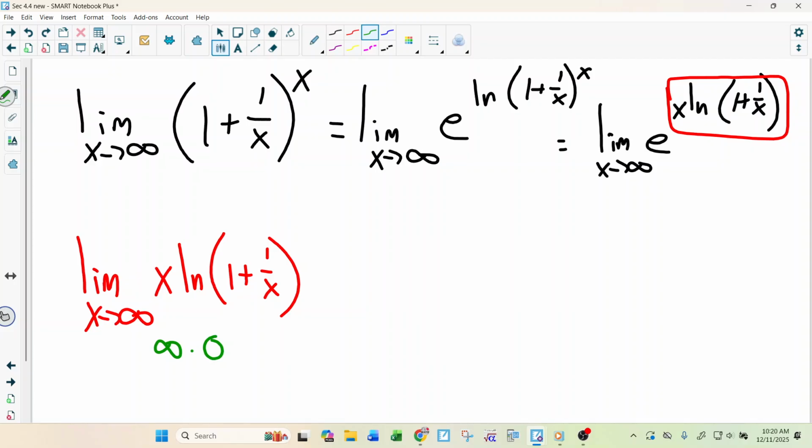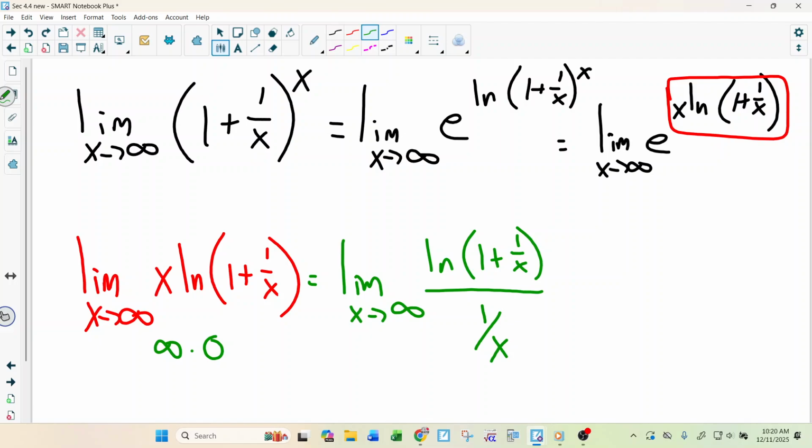So we have infinity times 0. Once again, we have to do something to put this in a form that we can solve. I'm going to write the natural log of 1 plus 1 over x, all over 1 over x. I have to take this x to the bottom.